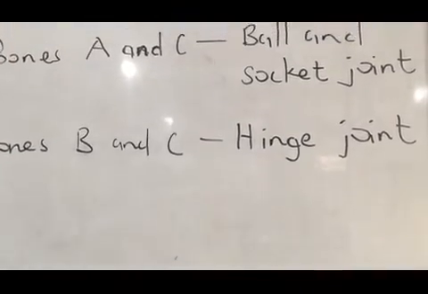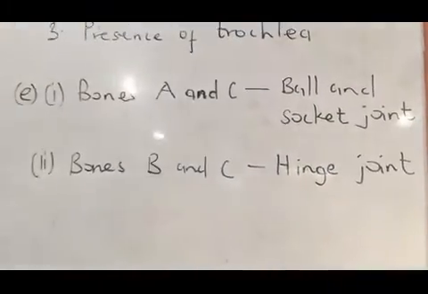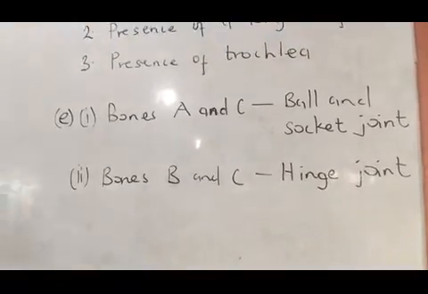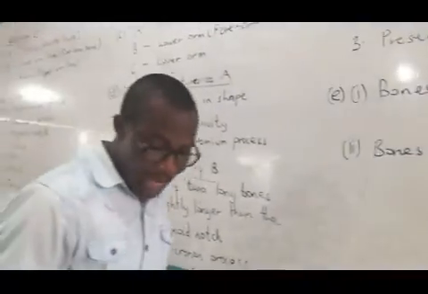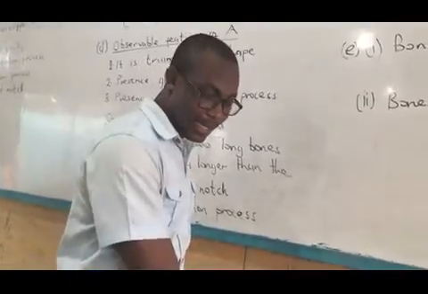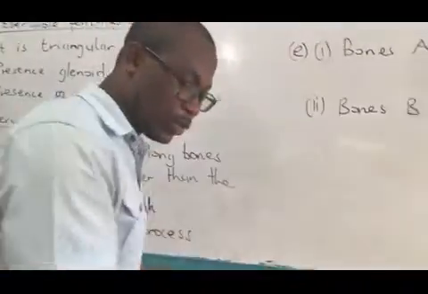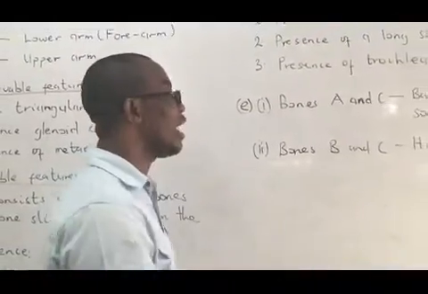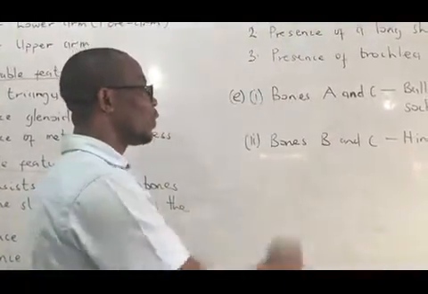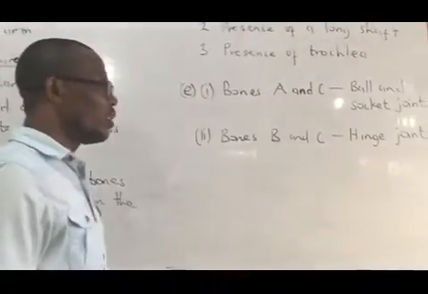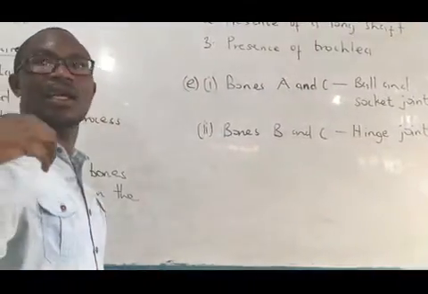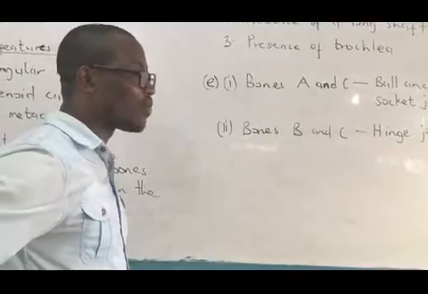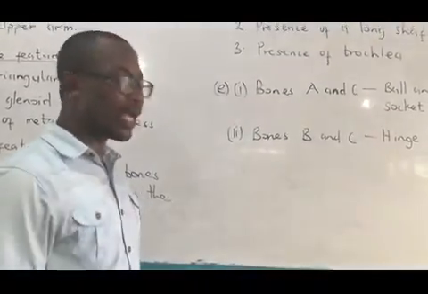The hinge joint is found in the elbow, and it is also found in the knee. So the joint in the elbow is the same as the joint in the knee, and we call it the hinge joint. The joint in the shoulder and the one at the hip, that's the ball and socket joint.